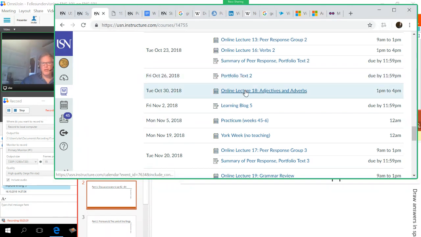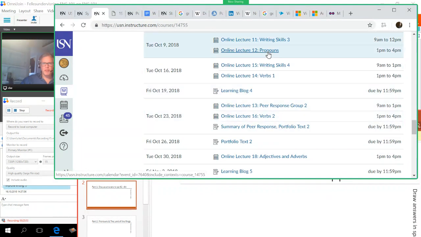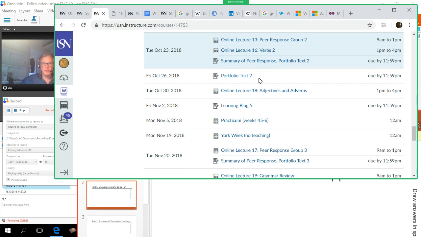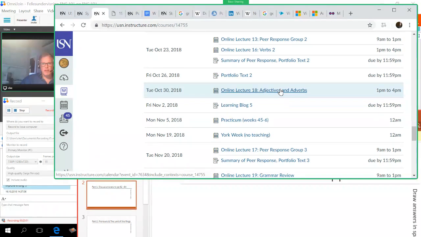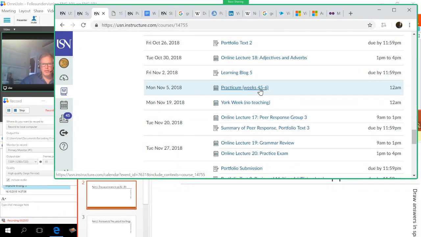And then there'll be Poll Everywheres out for pronouns and for verbs. I'll put verbs 1 and 2 together. And then the following week we'll be doing adjectives. This will start in the morning and adverbs. And we'll be doing any other work that day as well that's necessary before you go off for your teaching placement.